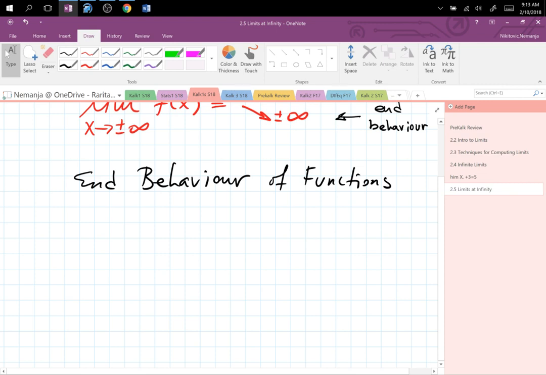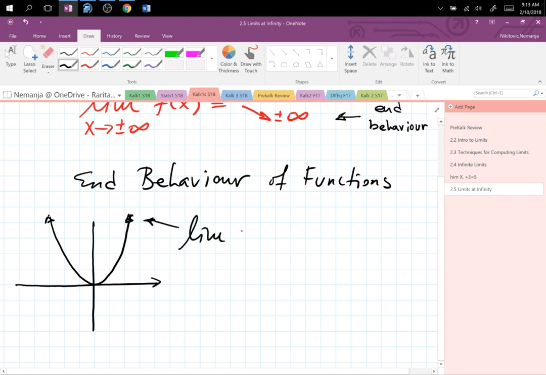So you have a function, let's say x squared, and if you look at these ends that are on the graph, but you know they extend infinitely, this end over here will say that the limit of x squared as x goes to positive infinity will be positive infinity.